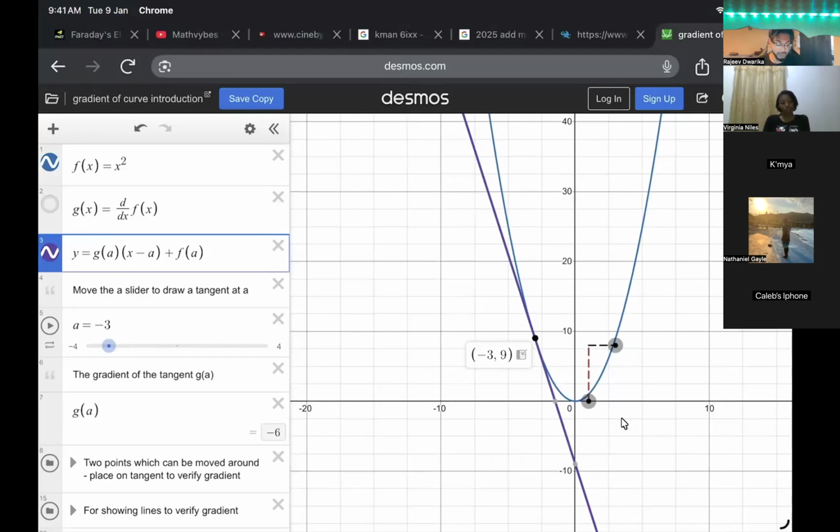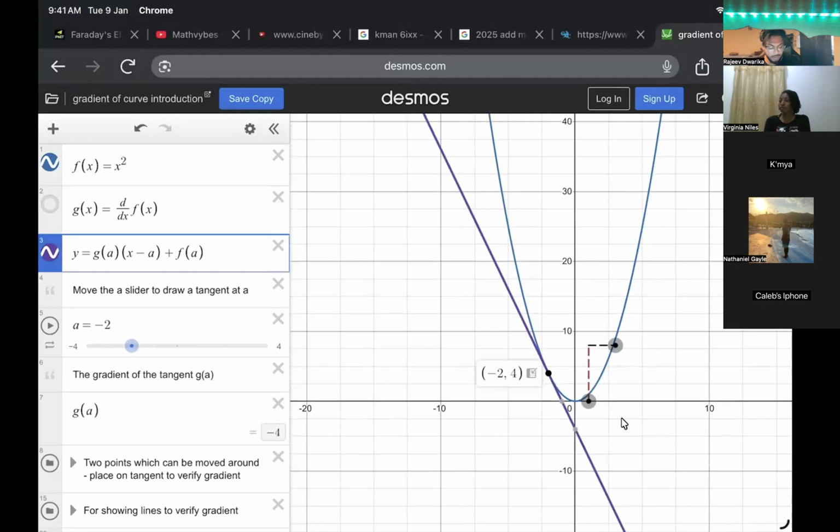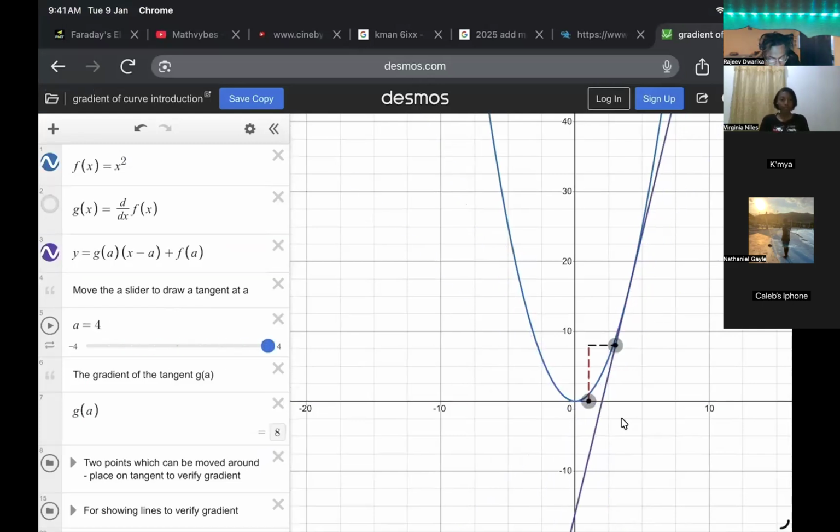Look at the curve, how it's shaped. If I want to figure out the gradient at that specific point, I'll draw a tangent to get a snapshot of the slope at that point. Let's say I move now to -2. The gradient would change because the slope would change. To capture the slope, I would just draw a tangent to -2, 4. Let's just say we went to 4, 16.